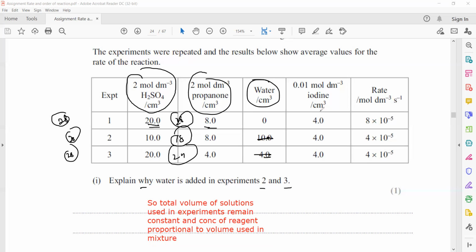So we made the total volume the same. Then the one with the greater volume in the mixture will have a greater concentration. Like here we have 10, 20, so the solution will have higher concentration than experiment 2.